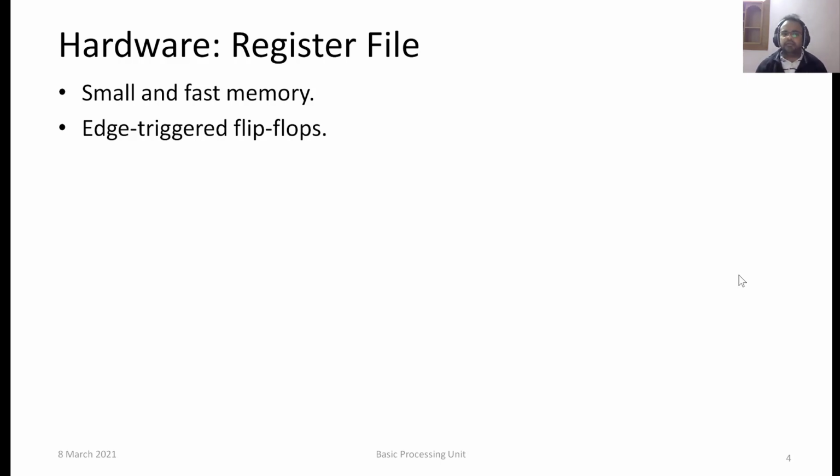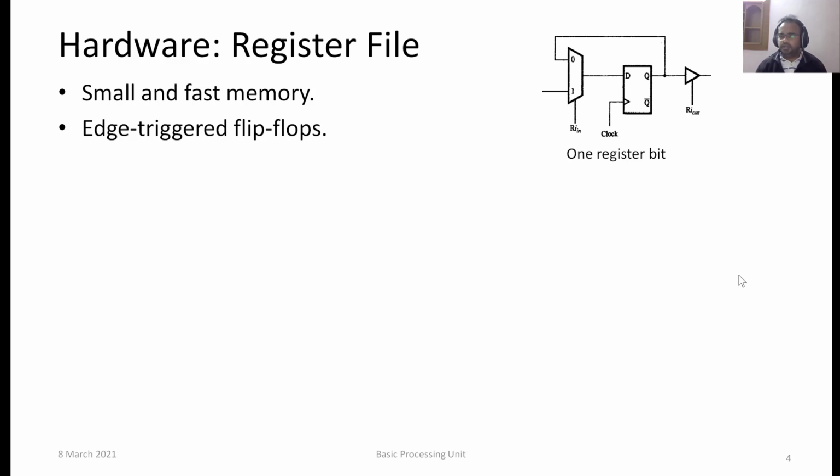But here I'm taking the example of an edge trigger flip-flop itself. The D flip-flop, on every positive edge the input would be sampled and it would maintain that state till the next positive edge, right?